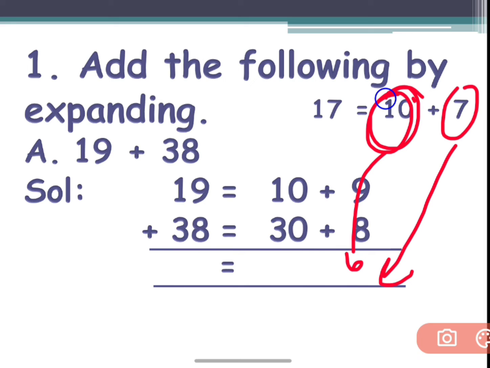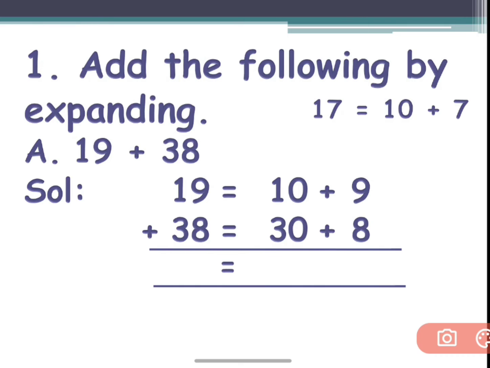So this tens we need to carry to the tens place. Tens should be written in the tens only, no? So you will write 7 in ones place, and the 10 you need to carry and place in the tens place itself. In ones place we can't write tens, isn't it?